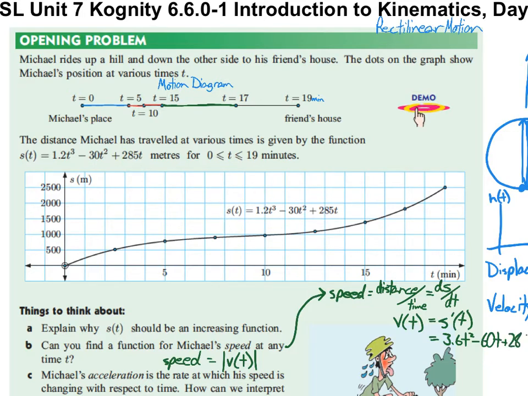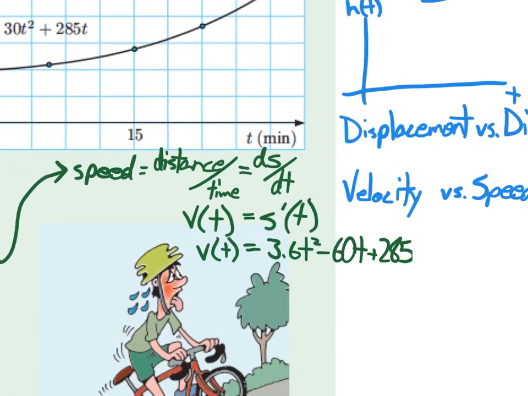Very good, okay? We take the derivative of that s of t up at the top here, and this is what we've got down here. So there's a function that represents our speed at any given time.